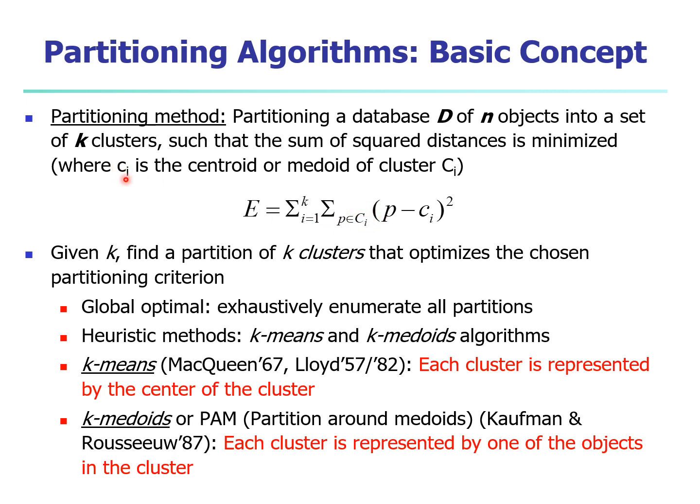Ci is the centroid or medoid of a certain cluster. So each cluster will have only one, either a centroid or a medoid, and sometimes we use centroids and sometimes we use medoids.